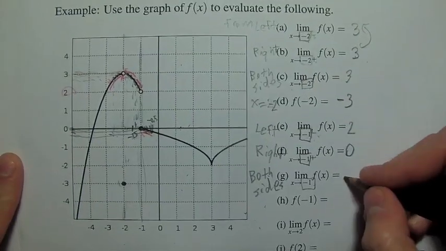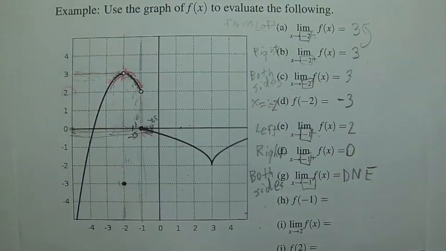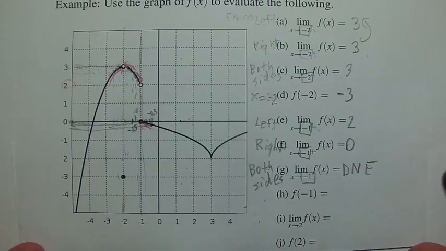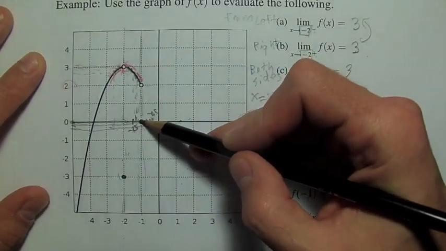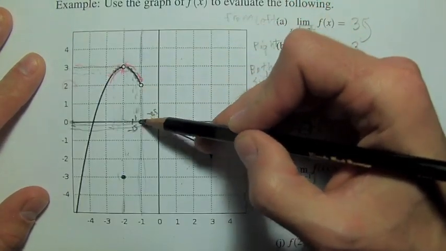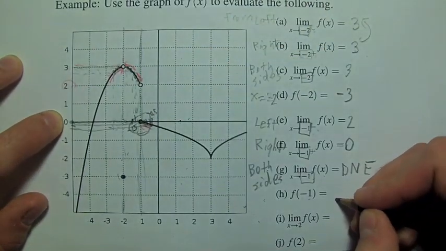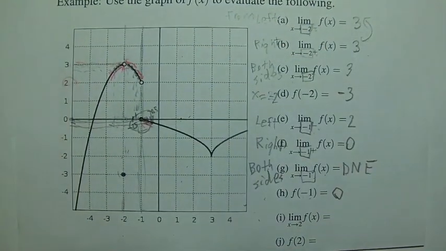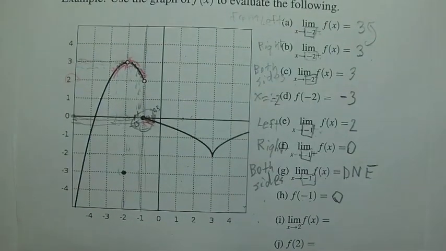Here, they don't, so the limit does not exist. Right? And how about f of negative 1? Well, to find f of negative 1, we just look at negative 1 and see where the open dot would be, and that's right here at 0. Okay? So here's a place where the function value actually exists, but the limit does not because we have a jump.